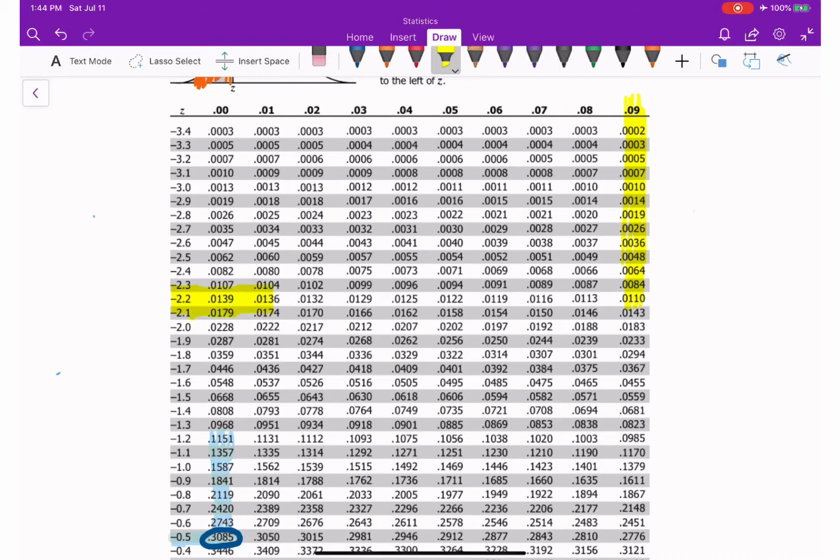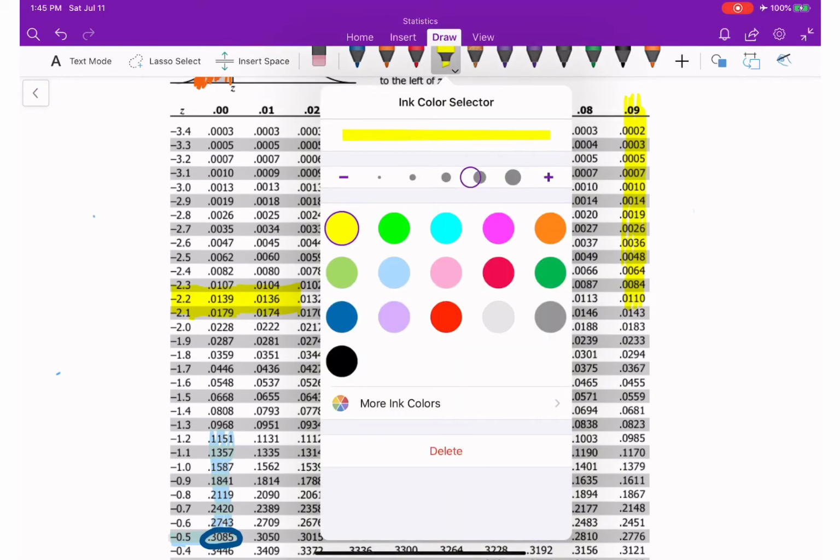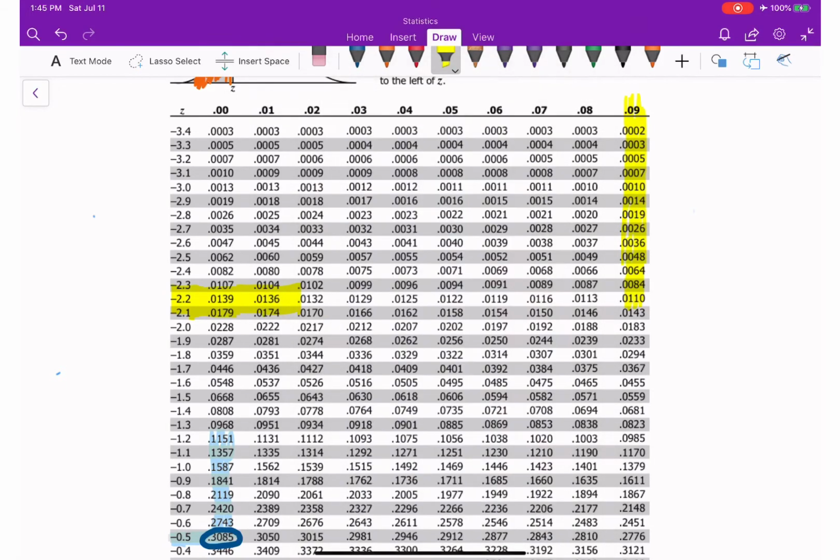Negative 2, and .29, so I'm starting from here.